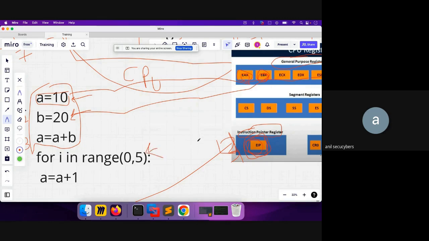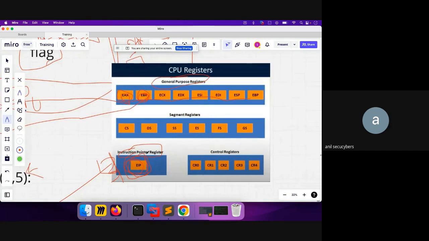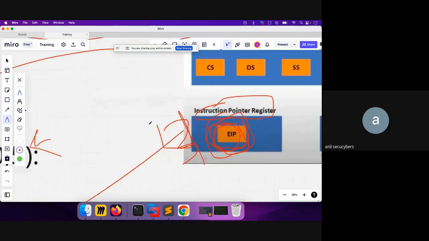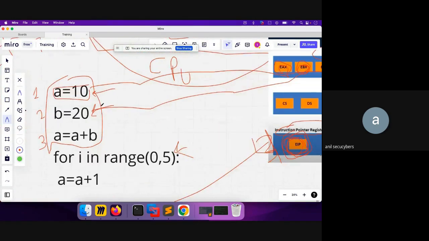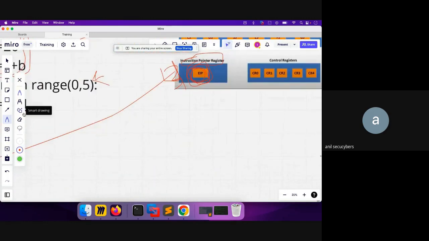So the reason I am saying that the whole world of pen testing and exploit writing is dependent on the EIP register is this: let's say this is the normal code that needs to be executed, and let's say there's an attacker who has their own malicious code over here.